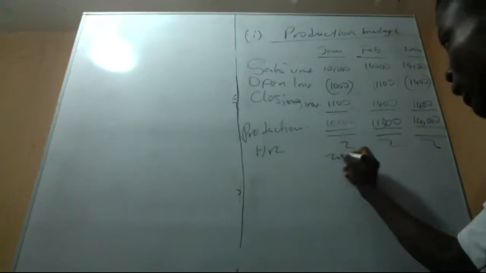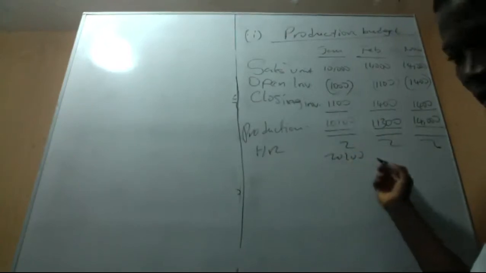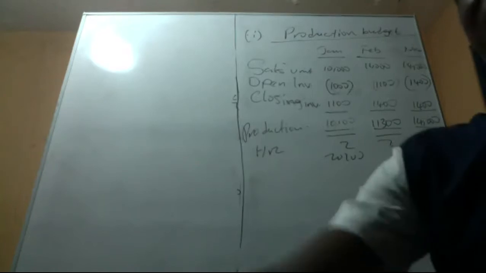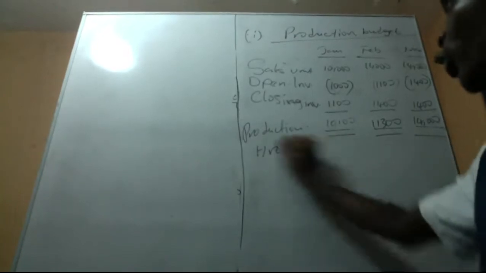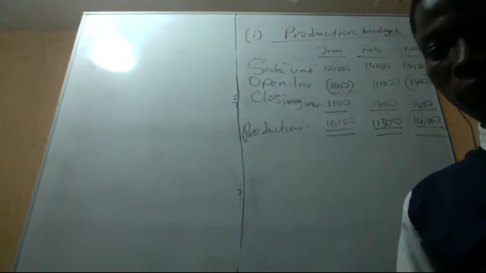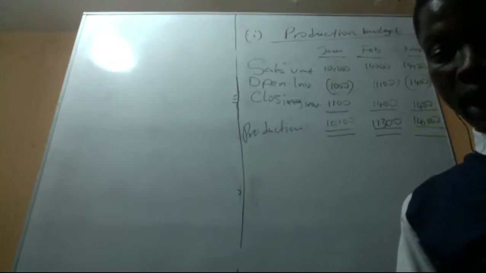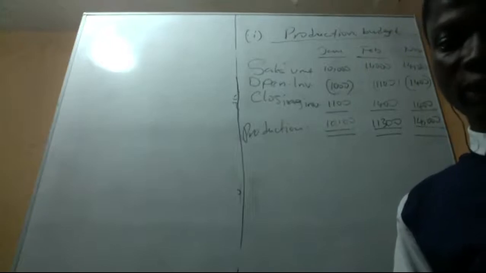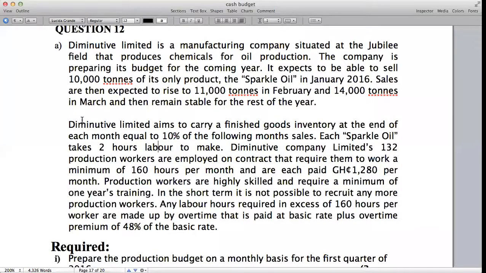So we need 20,200, right? In fact, that's the solution. If you want to get the total hours that we need, you just have to multiply the production units by the hours per unit. So each sparkle oil takes 2 hours of labor to make.